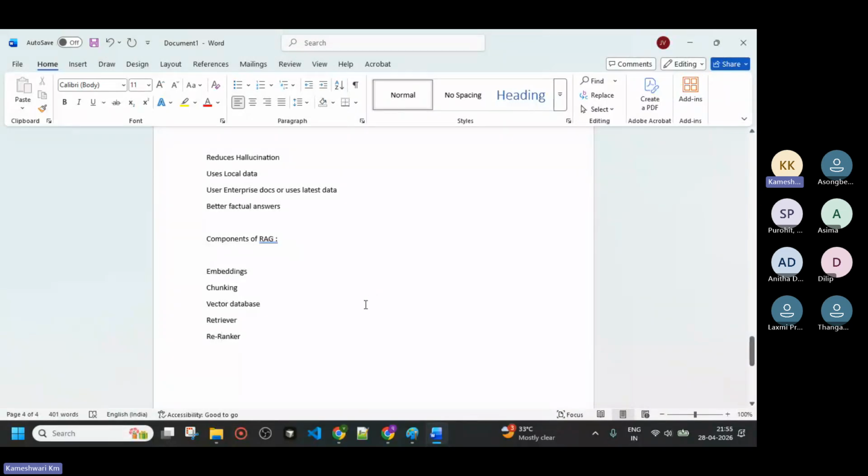One score may be top, another score is less, it doesn't matter. Again, it will re-rank it, so the chunk with top score 1 may be given rank 3, because it checks again against whatever the user asks, re-ranks it, and then sends it to the LLM. So the re-ranker is a different one.